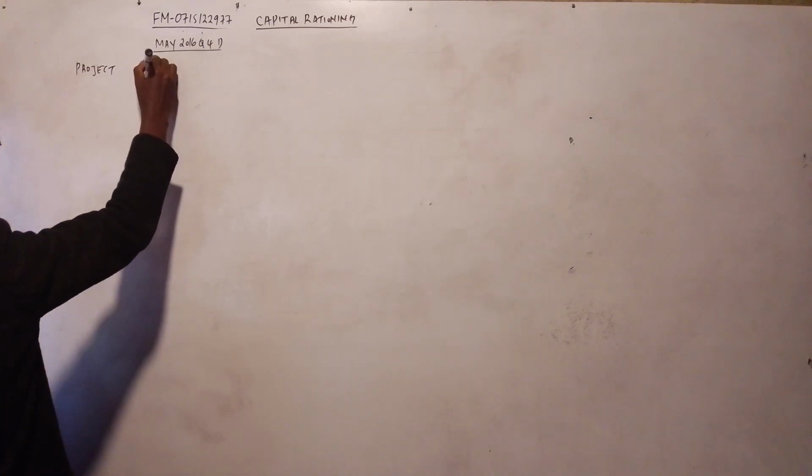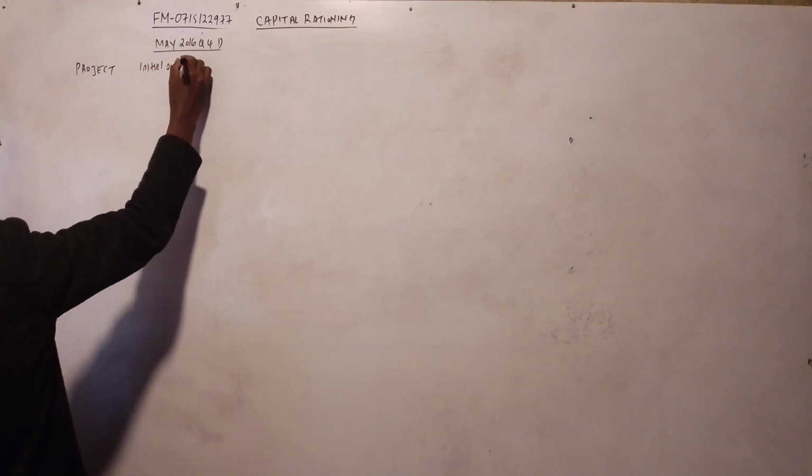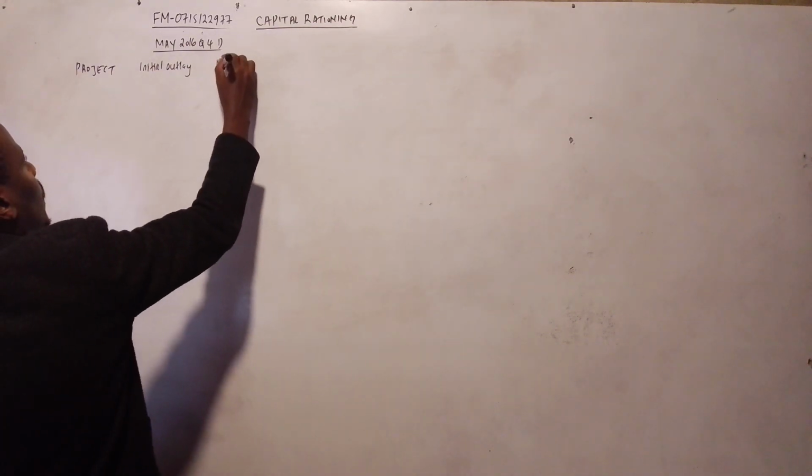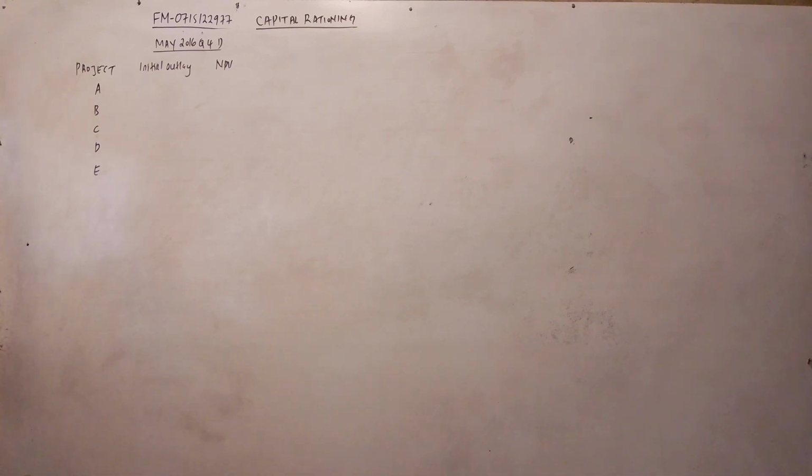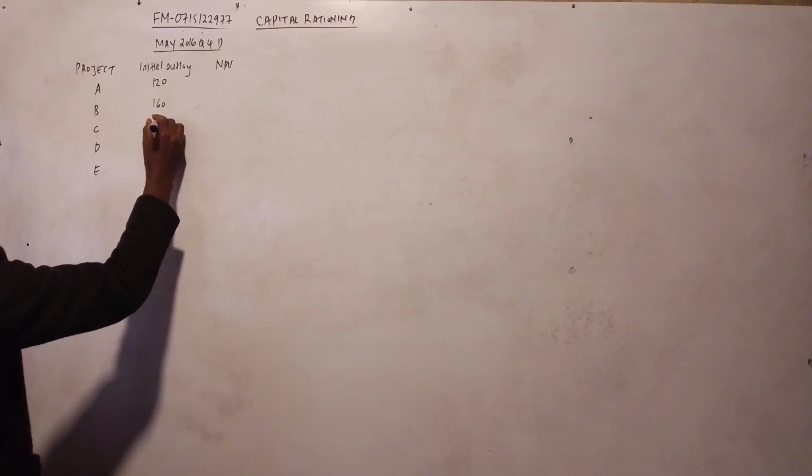So we have the project, and then we have the initial cost, the initial outlay, then we have the NPV. The projects are A, B, C, D and E. The outlays are 120, 160, 100, 90 and 110.